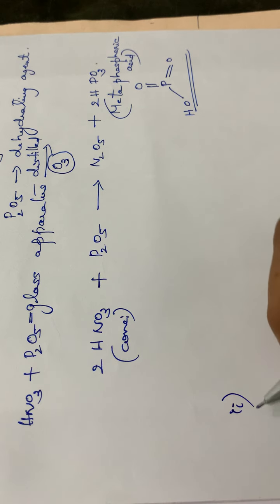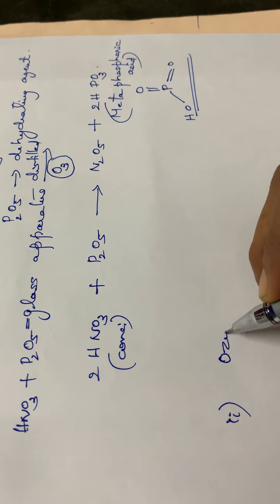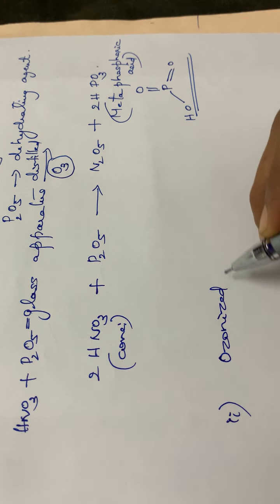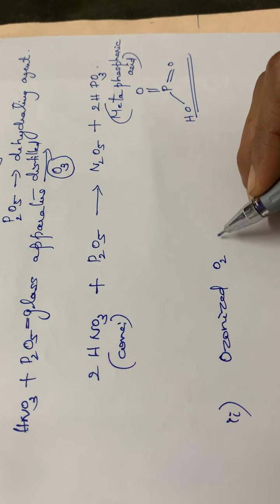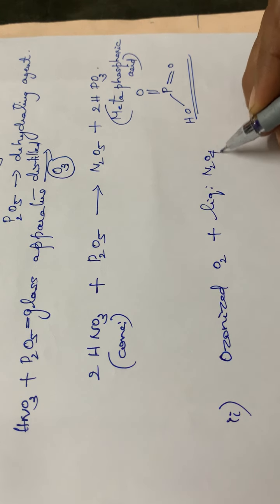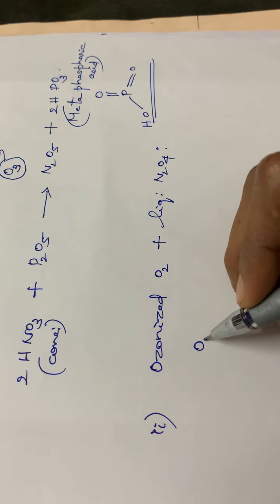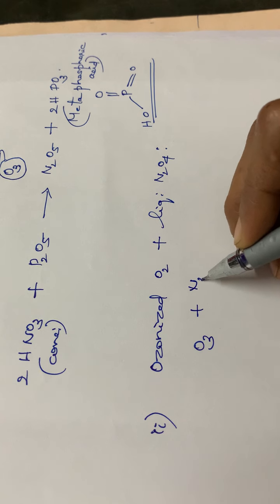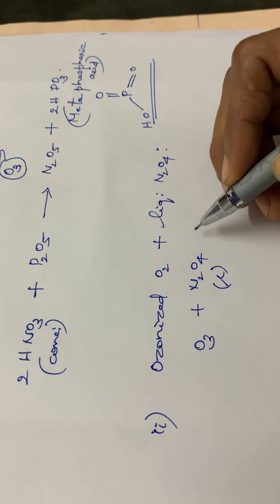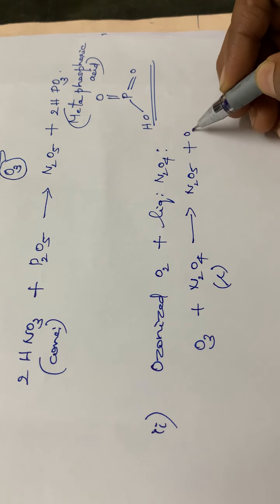Then the second method of preparation, by reaction of ozonized oxygen into cold liquid N2O4. That is O3 plus N2O4 in the liquid form, giving N2O5 plus oxygen.